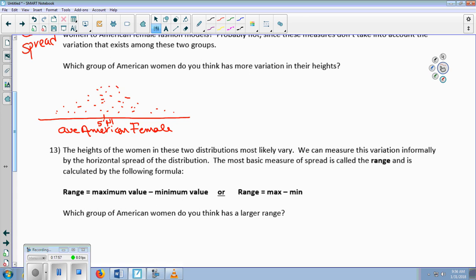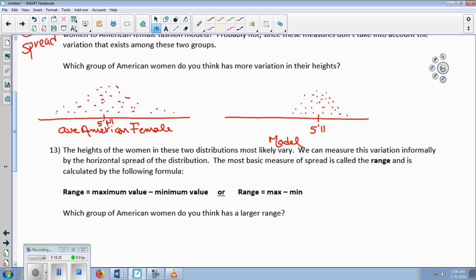So likely we expect to see more variation there. Whereas the female fashion model, they said it was 5 feet 11. We're probably looking at a much smaller spread in the data, that more of the women are typically close to 5 feet 11.